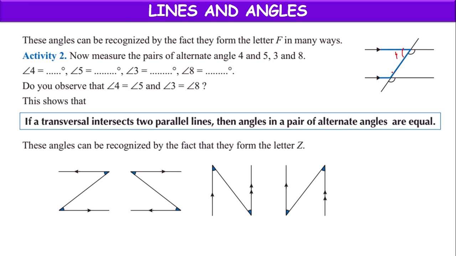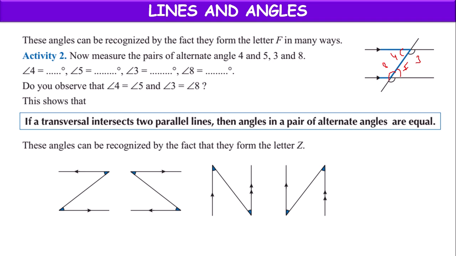If you take these angles 1, 2, 3, 4, 5, 6, 7, 8 and measure all of them, observe 4, 5, this is 3, and this is 8.